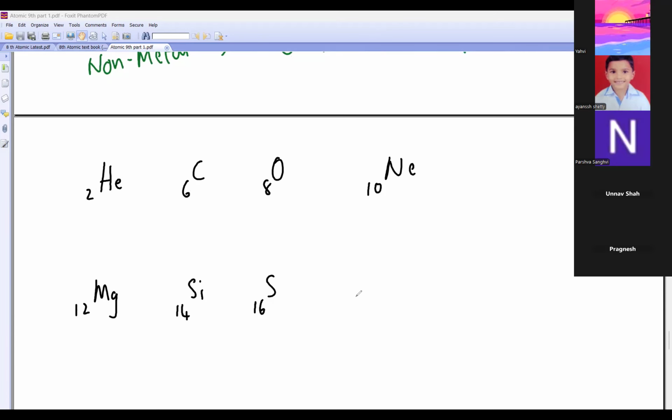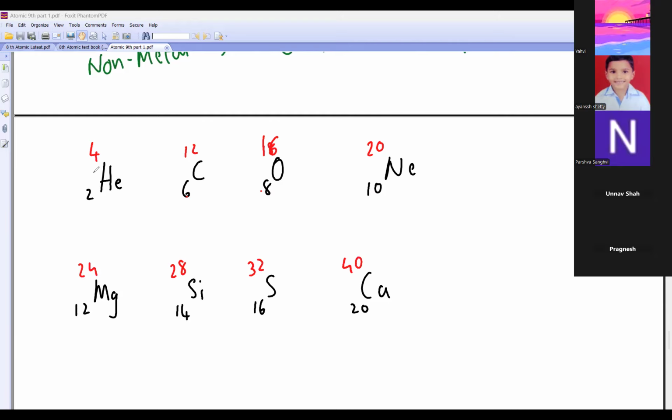I cannot apply this on argon. Calcium is even. So now what you will do? Double it. 2 ka double, 4. 6 ka double, 12. 16, 20, 24, 28, 32.